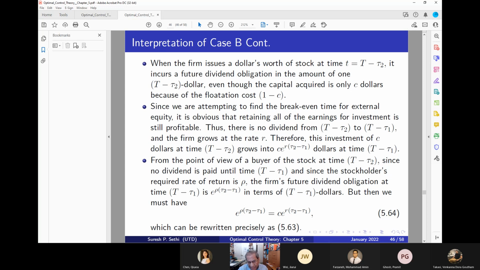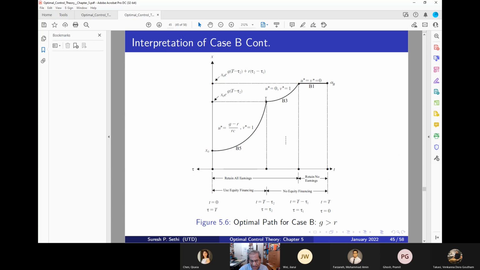Well, there's no dividend, as we say, from t minus tau 2 to t minus tau 1, and the firm grows at the rate R. So the investment of C dollar grows into C times e to the R times (tau 2 minus tau 1). Look at the picture. The stockholder paid $1, the new guy, but the company got C. That C grew, because it's invested, no dividend is paid out.